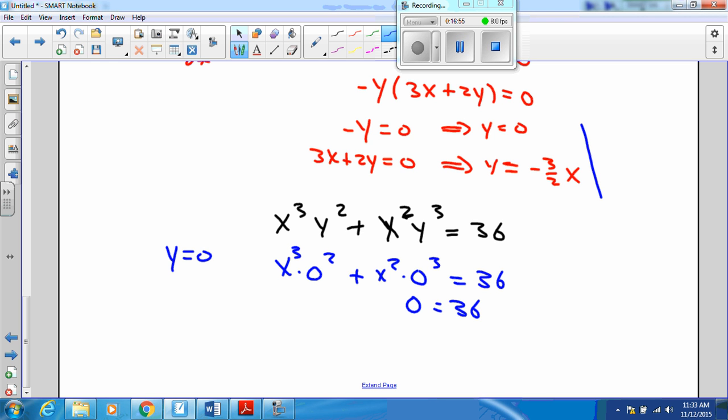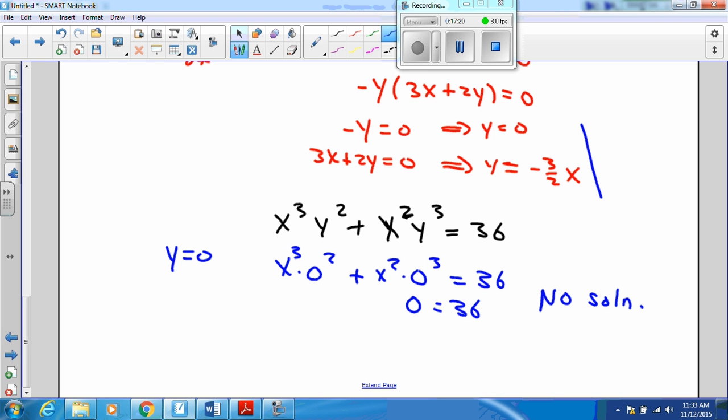This means that the point where y equals 0 is a phantom point. It's not actually on the graph. What does that mean? That means that although my dy dx analysis gave me y equals 0, there isn't actually a point on the graph where y equals 0.